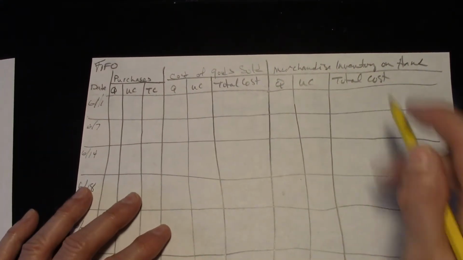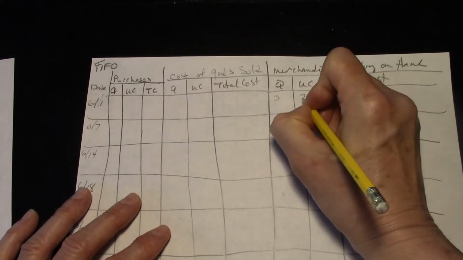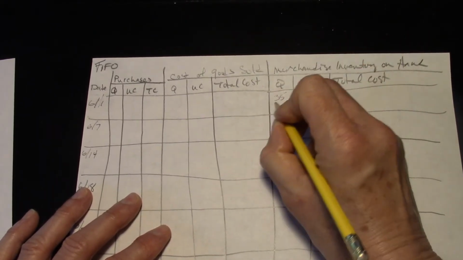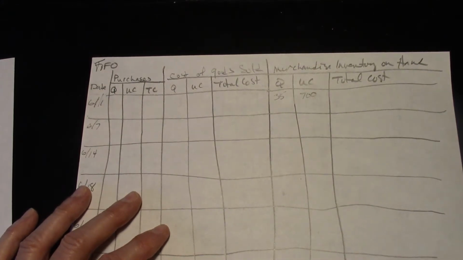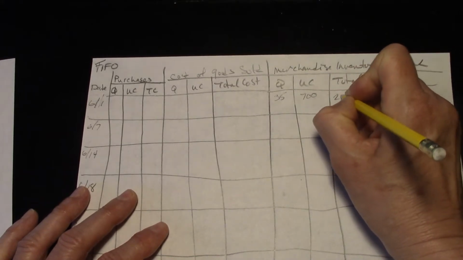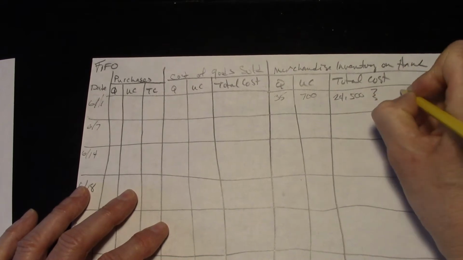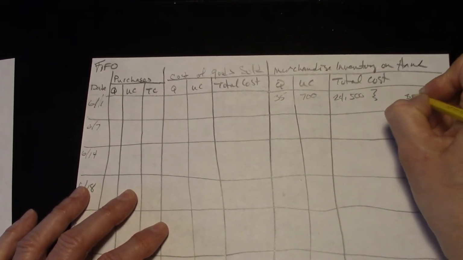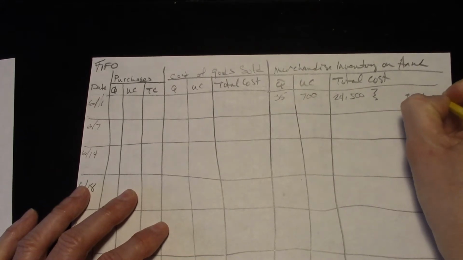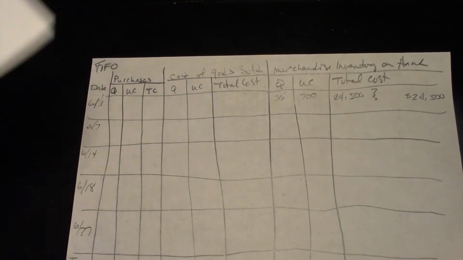So let's put that down as 35 at a unit cost of 700. 35 times 700 is equal to $24,500. Now I like to total everything out here. Of course we only have one, so 24,500.